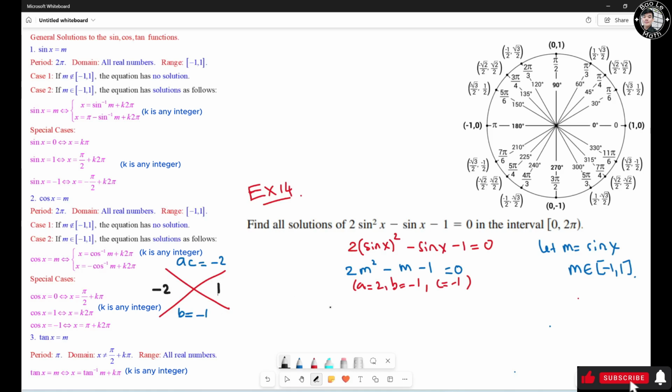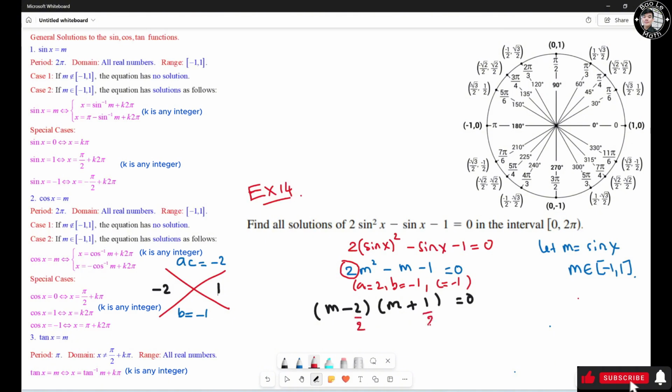So I have m minus 2 times m plus 1 equals 0. I just put these two numbers right here. Now keep in mind, it's not the final factored form, because you have A equals 2, different from 1. So you need to divide the constant right here by 2.